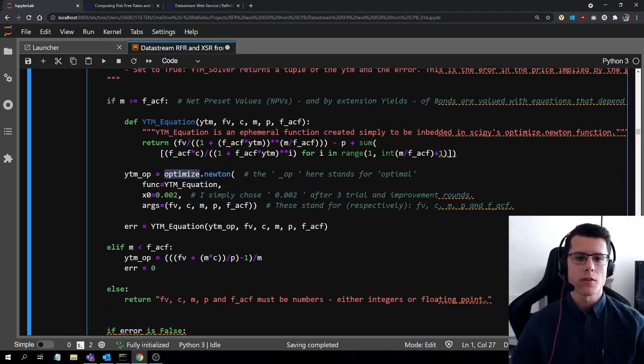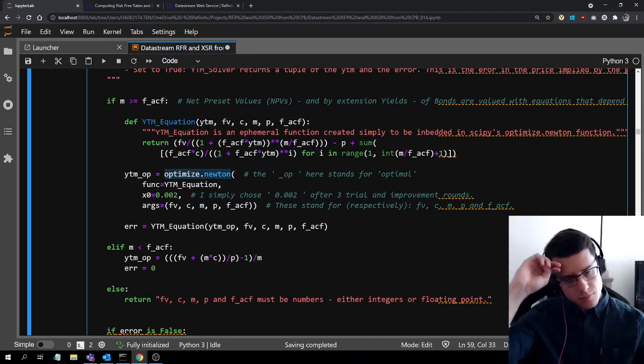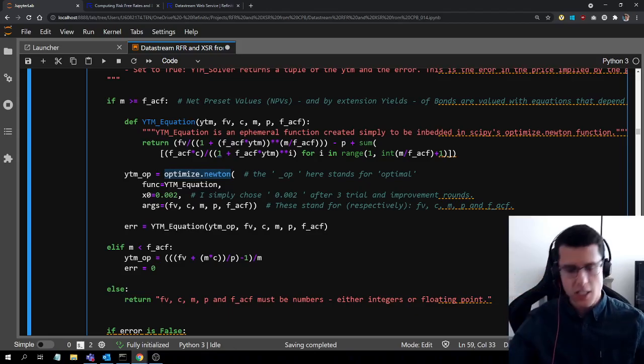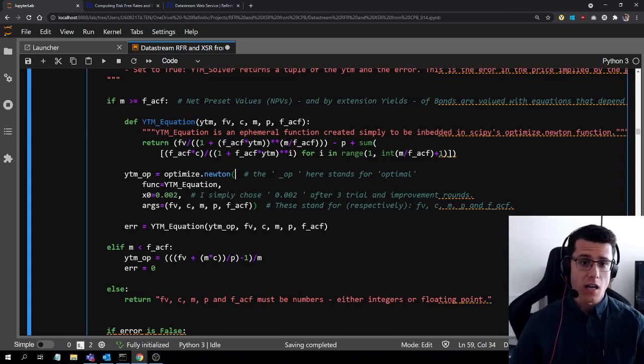If I scroll down, you'll see, there it is. You've got optimize.newton, which is a technique developed by Newton to iterate through these things and go through a trial and improvement method to get these types of values. And that's what I'm doing here.